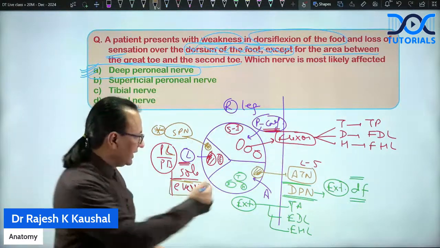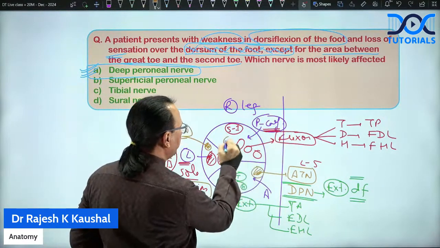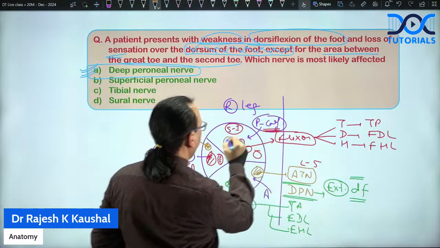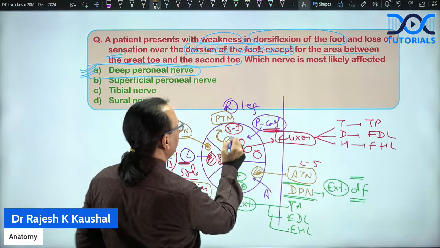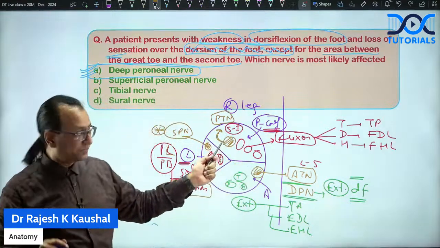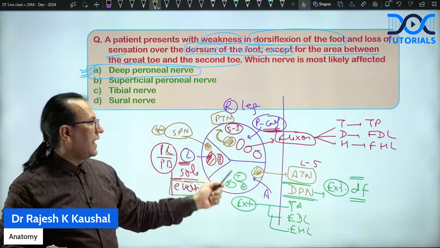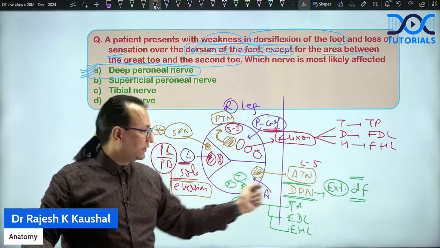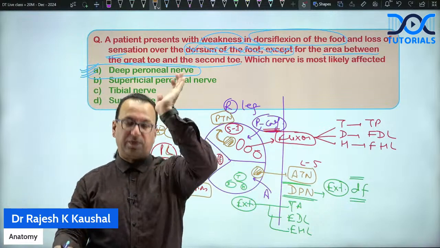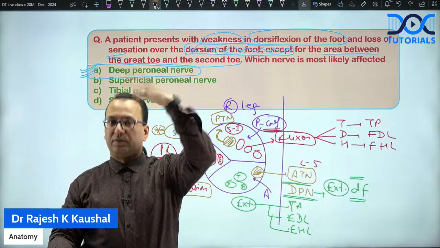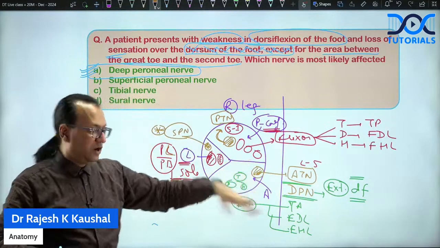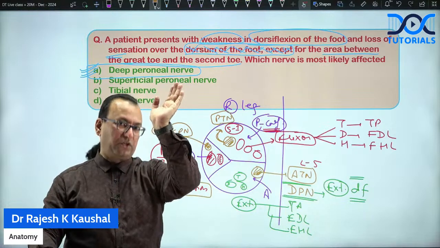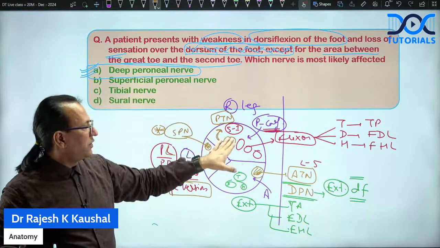Behind the tibia, so the posterior tibial nerve, with root value S1. It antagonizes the L5 of the anterior tibial nerve. What is the anterior tibial nerve doing? Dorsiflexion. What is the posterior tibial nerve doing? Plantar flexion. So one is for dorsiflexion of the ankle and foot, and the other is for plantar flexion.